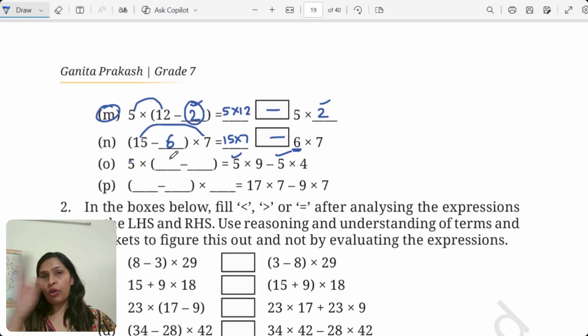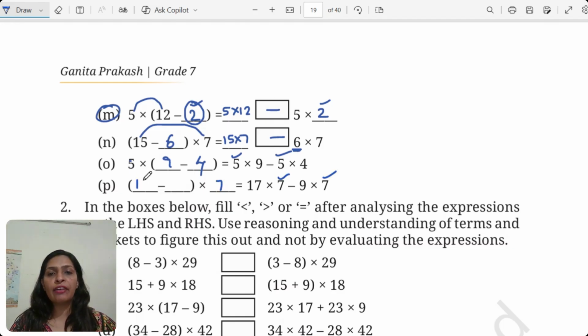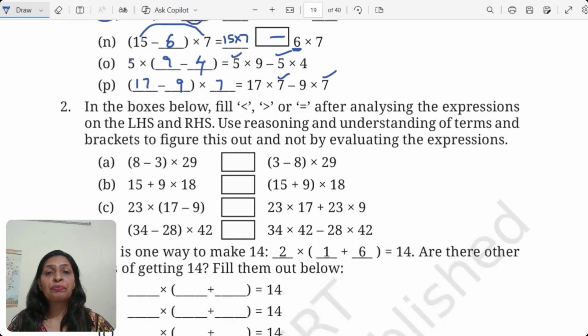What is left if 5 comes out? It is 9 minus 4. Lastly, the outside number will be the one which is coming in both the parts. So it is 7 which is coming for both the parts. So 7 is out and we have 17 minus 9. Okay. So this is how we need to proceed and do these questions.